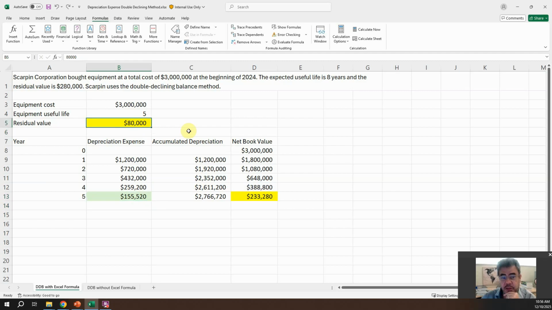Usually the residual value is greater because it is the expected value by the end of the useful life. If the double declining method gives you a higher number, it means that your residual value was poorly calculated, because usually it is the opposite. So the last year goes lower.